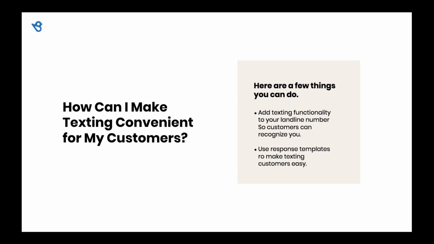So here's a few ways you can make texting more convenient for your customers. First off, if you're using some kind of texting software, we recommend getting a platform that allows you to text from your landline number. Reason for that is, a customer is more likely to respond to you if it's a number that they recognize.